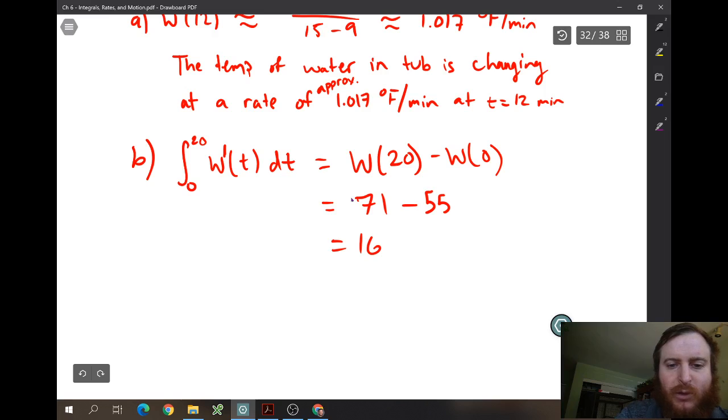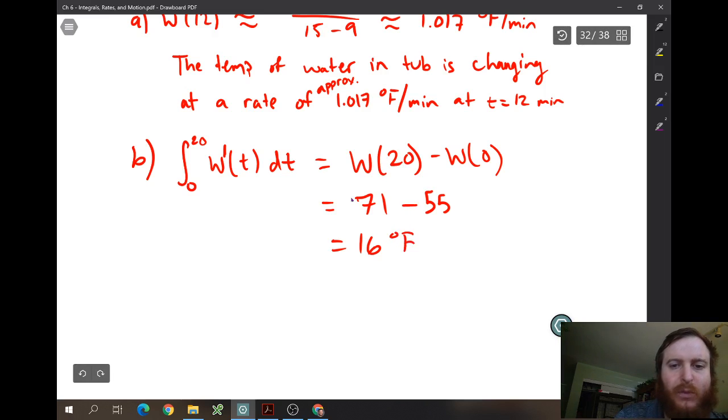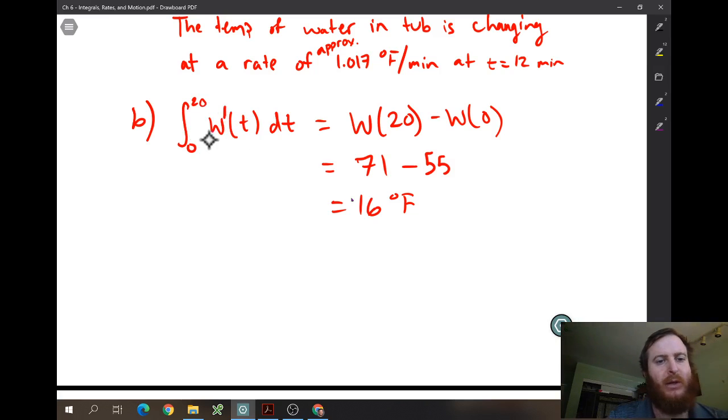And again, they ask us to interpret that. Because we did the integral of w prime, and we go back to w's, the units are the same as w's. So it's 16 degrees Fahrenheit. What this is, is the amount of change of w.